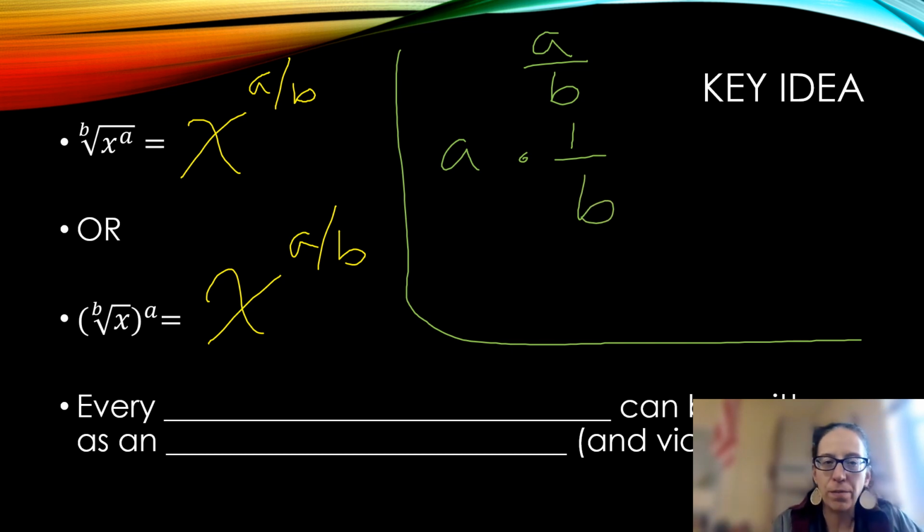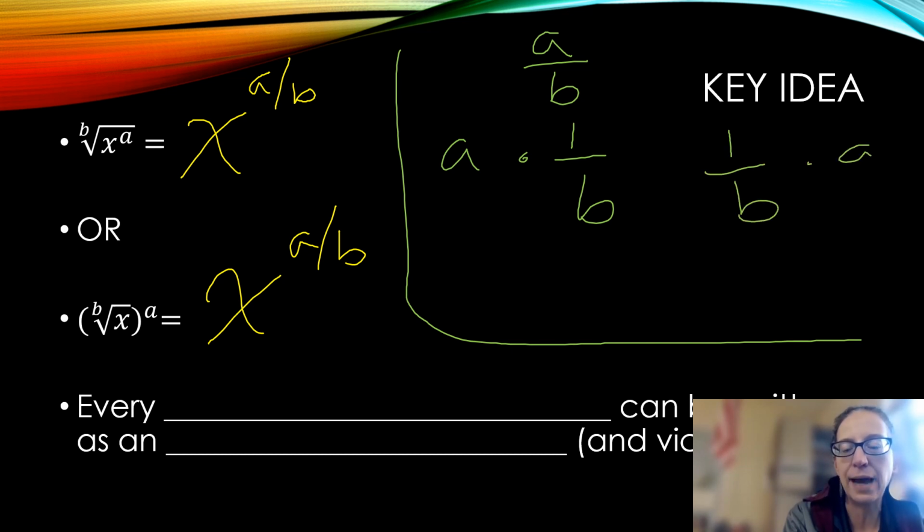I'll pause for a second and let you think that through. Now, multiplication is commutative, which means you can switch the order here. So I could have just as easily written 1 over b times a.